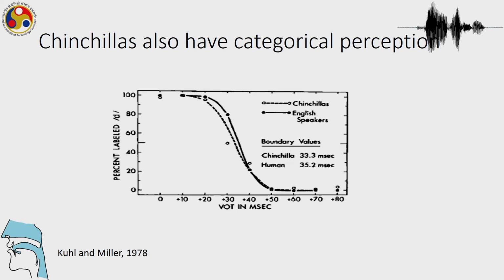They produced an identification function that looks just like that of humans. So it is hard to believe that chinchillas, which are like rodents, have a special speech mechanism. This suggests that our ability to categorize consonants can be shared with other species also.